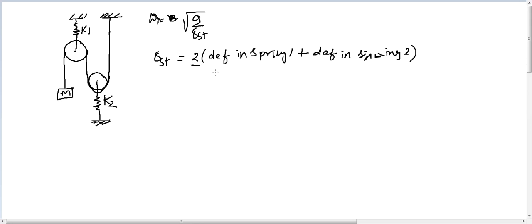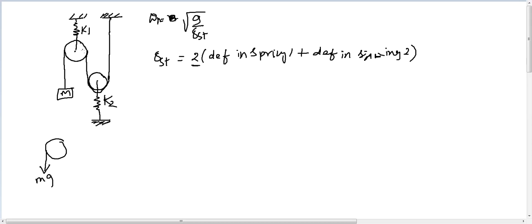Now let us see what are the deflections in each spring. Let us consider this first spring. This one is the pulley, and here mg is acting. So we can say that mg is the total tension in the string.